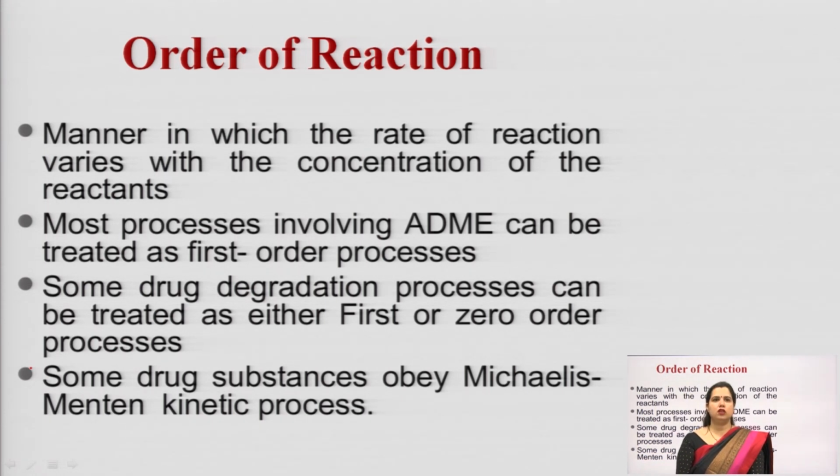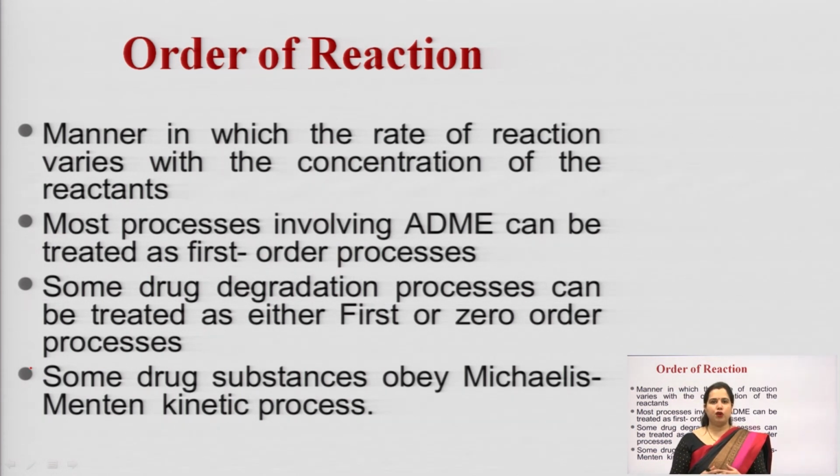Some drug degradation processes can be treated as either first or zero order processes. That is why we need to identify the order of reaction to track the degradative pattern of a drug compound. Some drug substances obey the Michaelis-Menten kinetic process, that is non-linear kinetics.